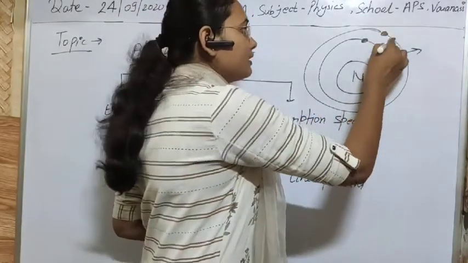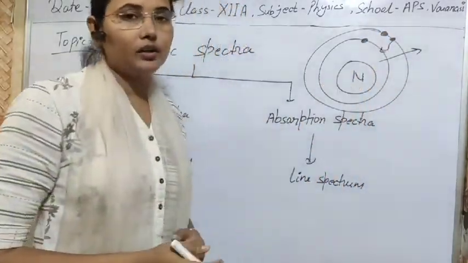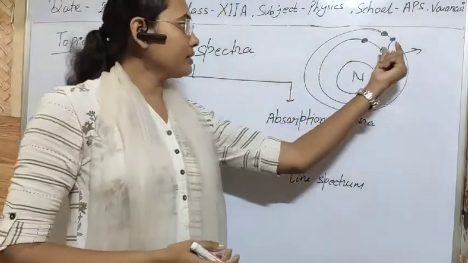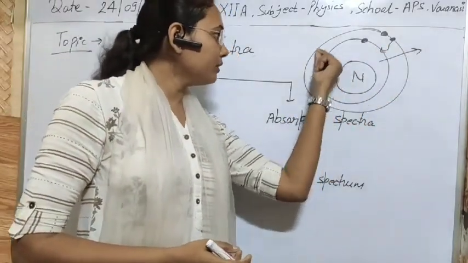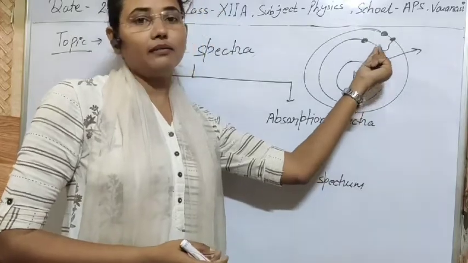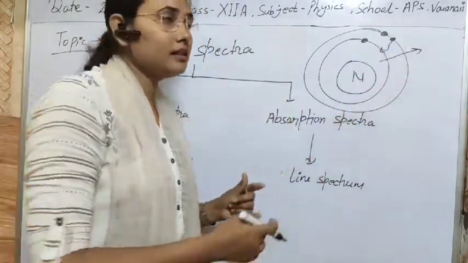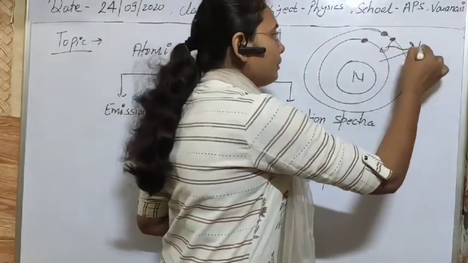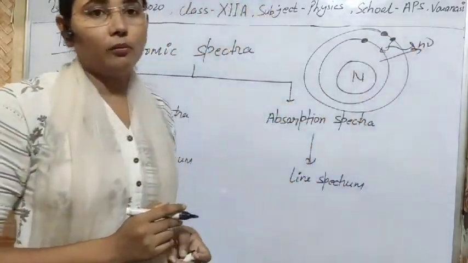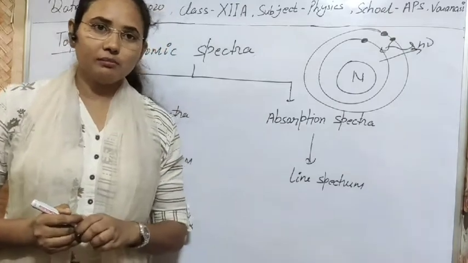electron can make transitions from higher to lower orbits, and obviously to be in this orbit it must have lower energy than this orbit. So the excess energy the electron will emit in the form of electromagnetic waves. Simple.